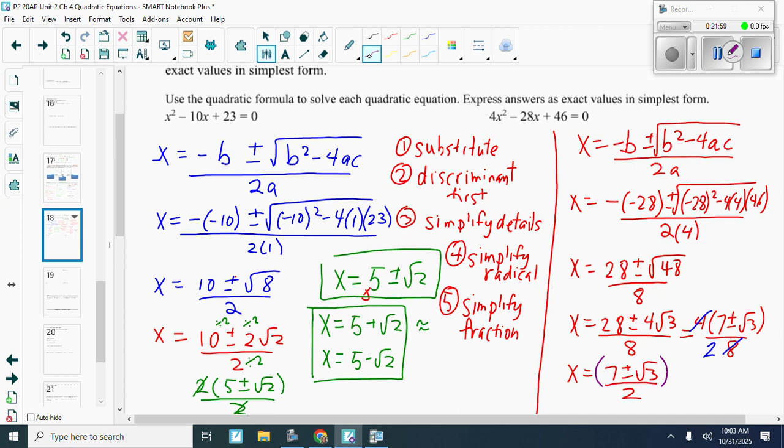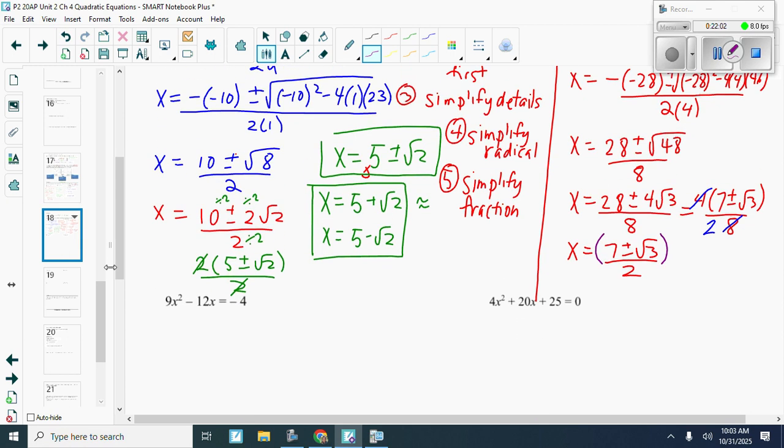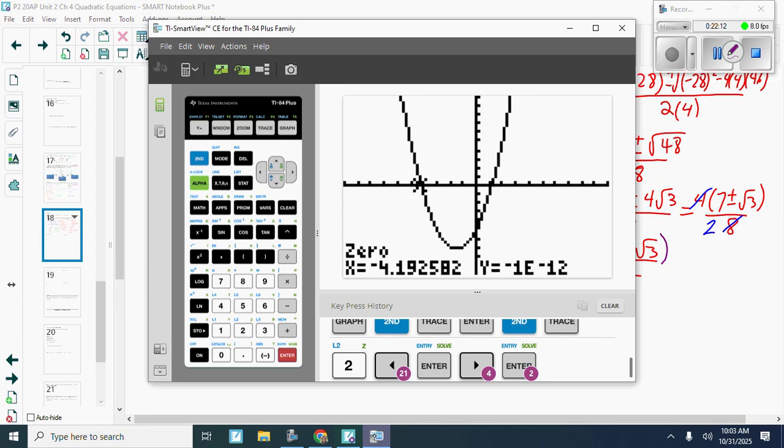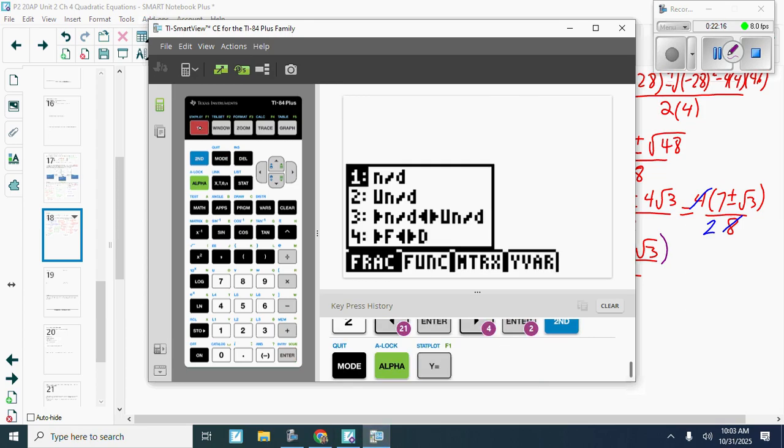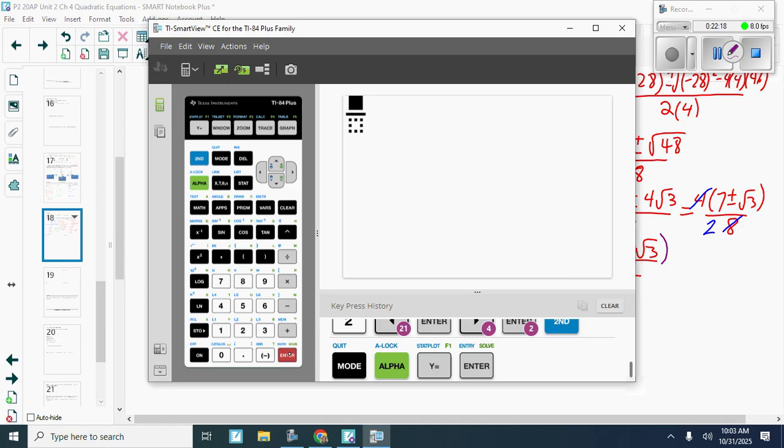So for this one, just to make sure that we're using our calculator right, figure out what the 2 solutions are in decimal form, and round to the nearest hundredth. I'm going to do it in stacked fraction form and also in regular form.